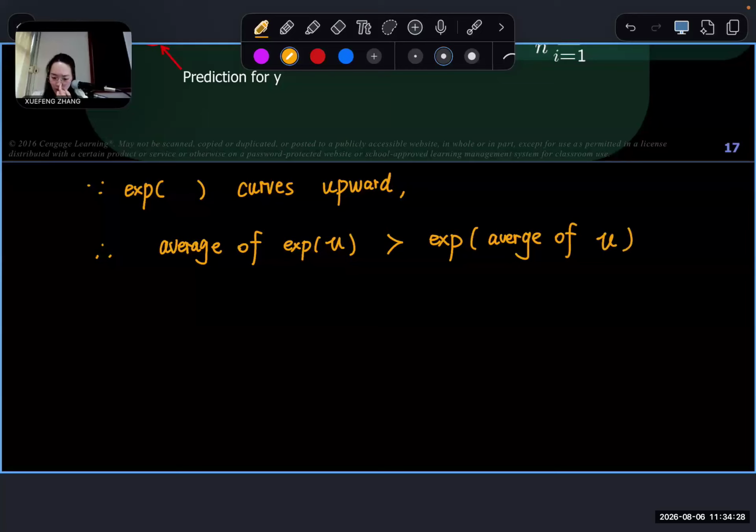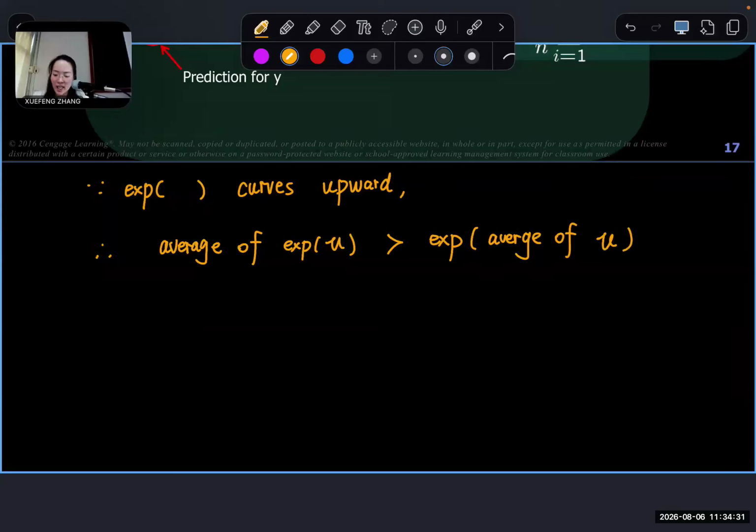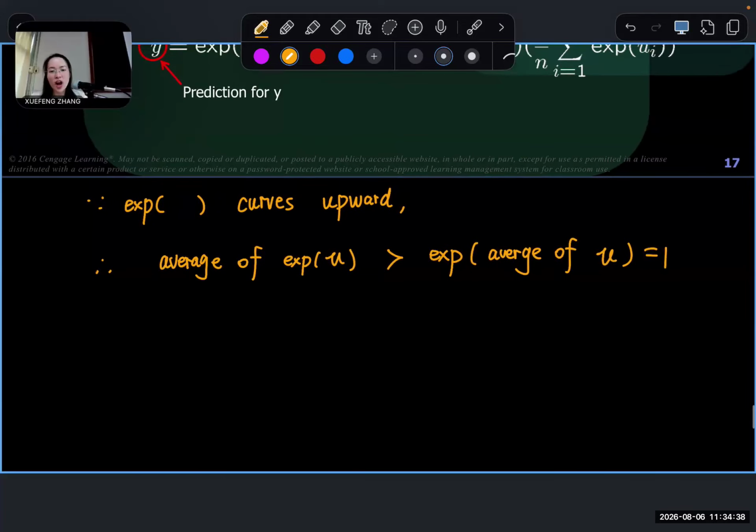And also the exponential of the average of mu equals 1. Okay, this is the problem. So how do we fix it?